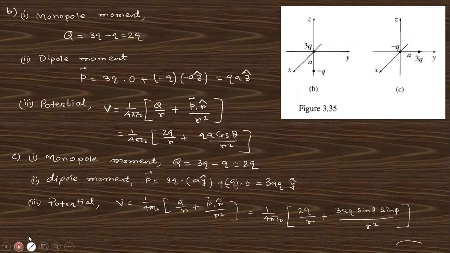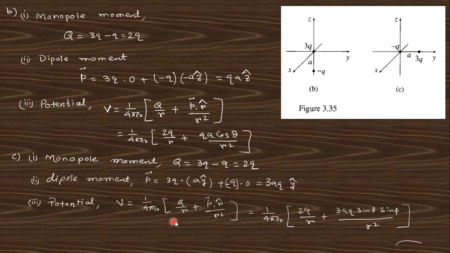In case of figure b, you can see the monopole moment is similarly 2q, and the dipole moment is 3q at 0 and minus q at minus a z-hat, so it is qa z-hat. If you take this dot product, you will get qa cos theta by r squared, right? In case of figure c, the monopole moment is similar, and the dipole moment is 3q at a y-hat and q at 0, so you will get this expression.